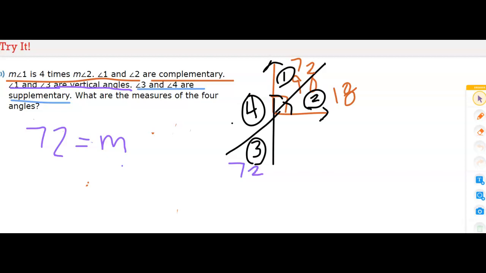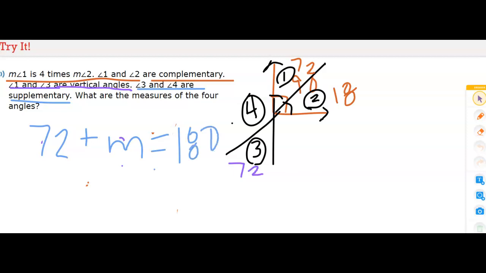So now we need to look at angles 3 and 4, which are supplementary, and supplementary angles equal 180. We have 72 plus angle 4, let's make that an M, is equal to 180.